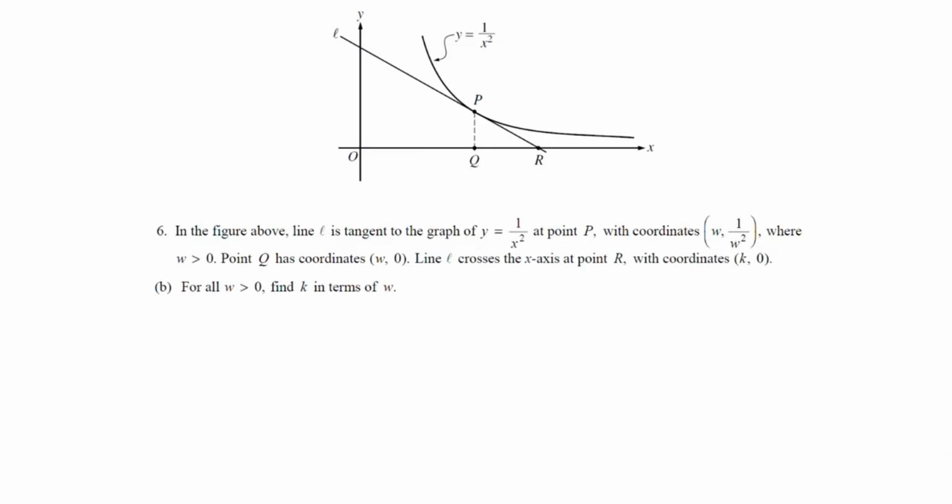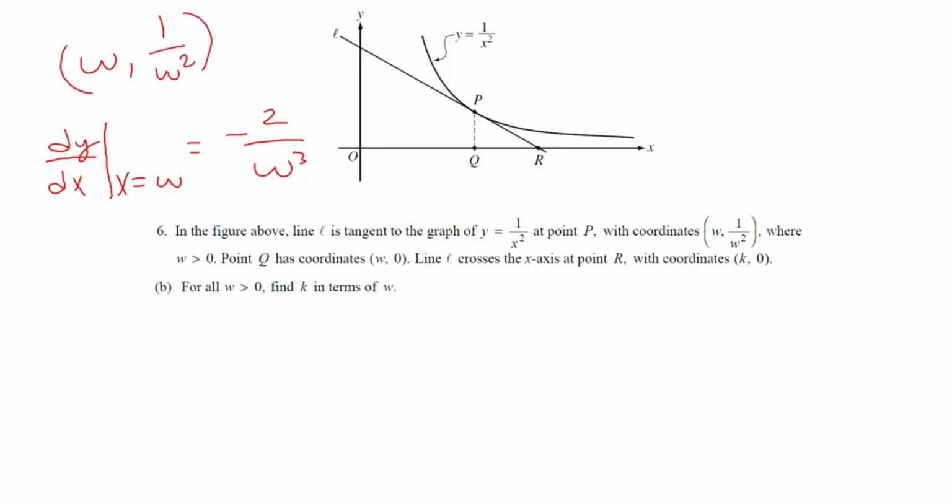And then in part B, it says for all w greater than 0, find k in terms of w. Well, our slope, as we just found, at x equals w is going to be -2 over w cubed. And our point is now the point w, 1 over w squared.